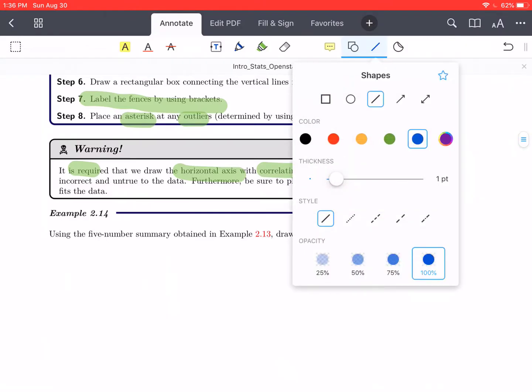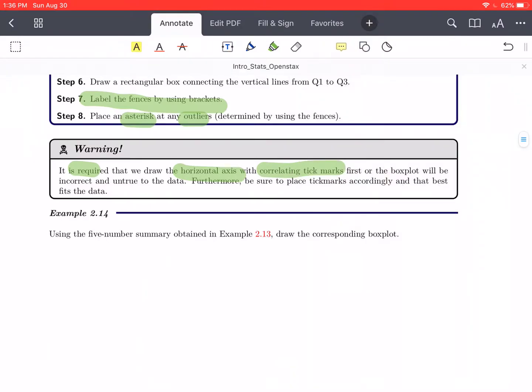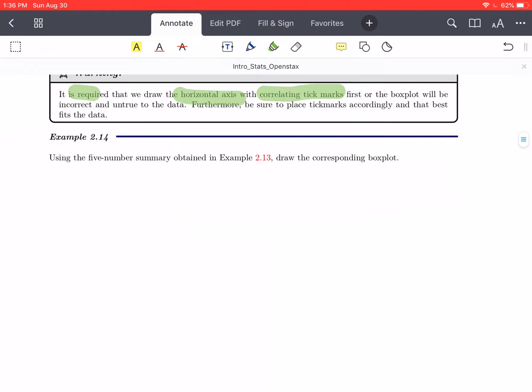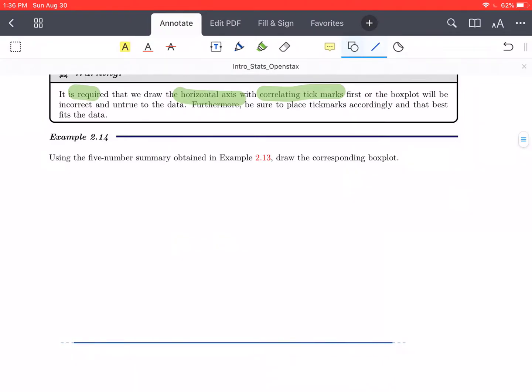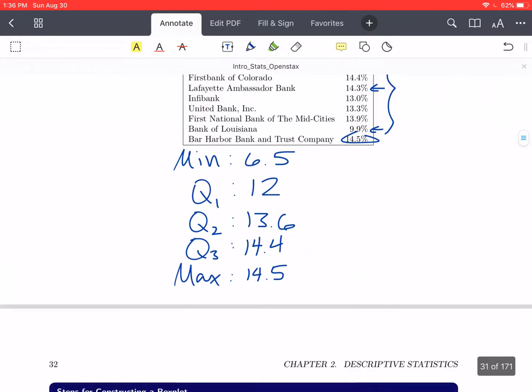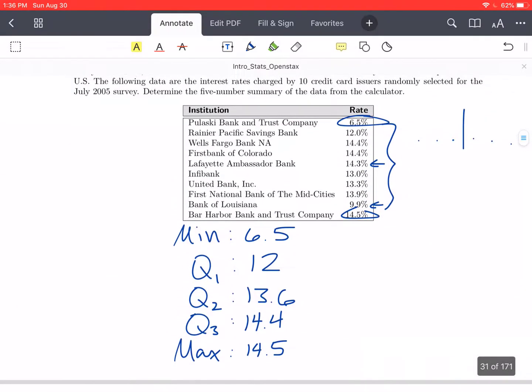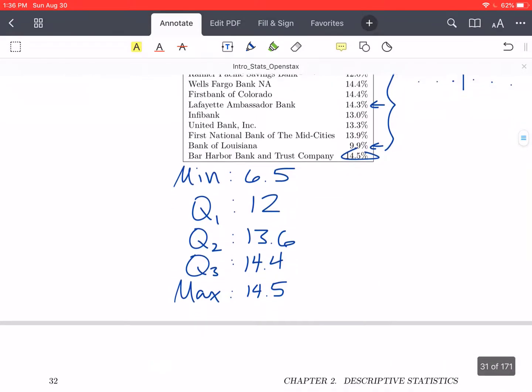Okay, so let's do that. So I'll draw my horizontal axis. All of the data points in here, go back and look, are between like 6 and 15.